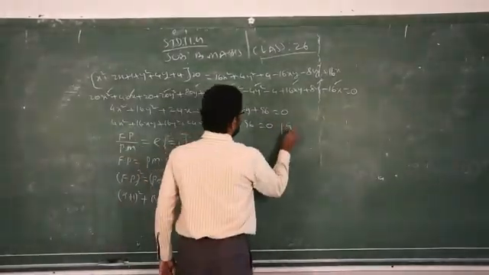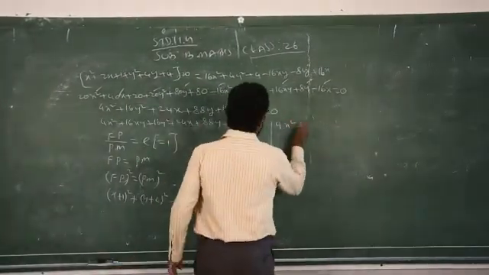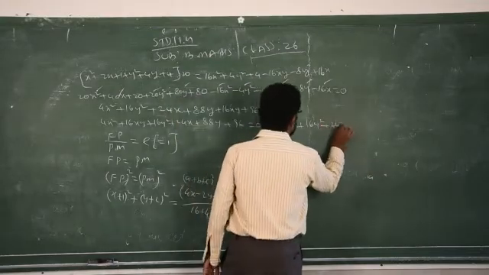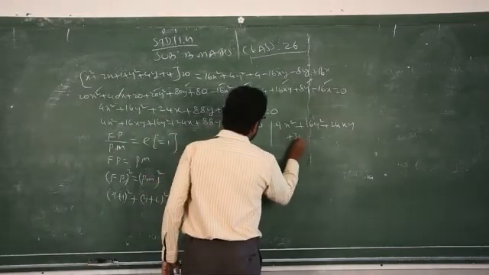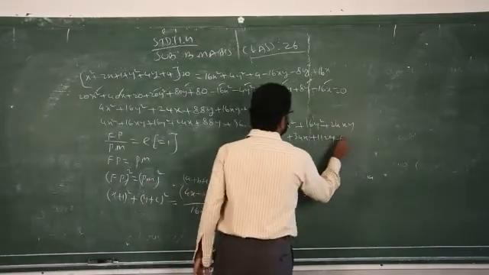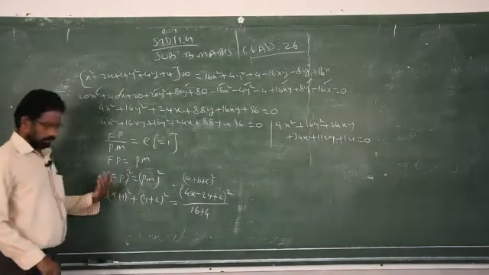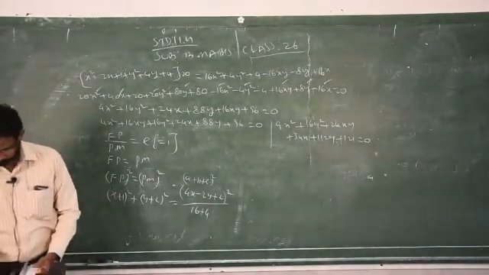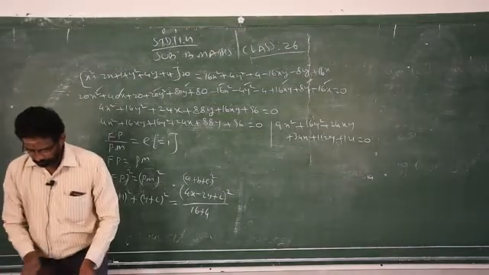In the book it is given 9x square plus 16y square plus 24xy plus 34x plus 112y plus 121 is equal to 0. It is given, but I got different answers. So you have to check. We will check.